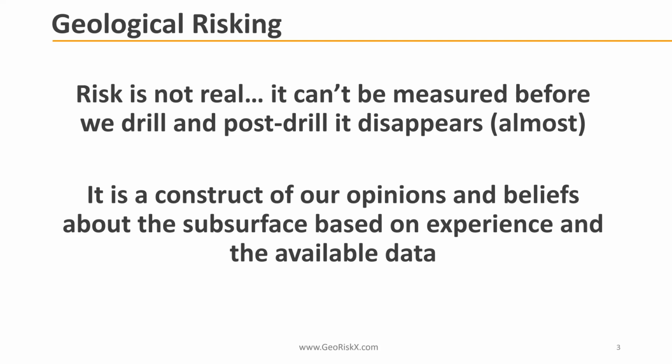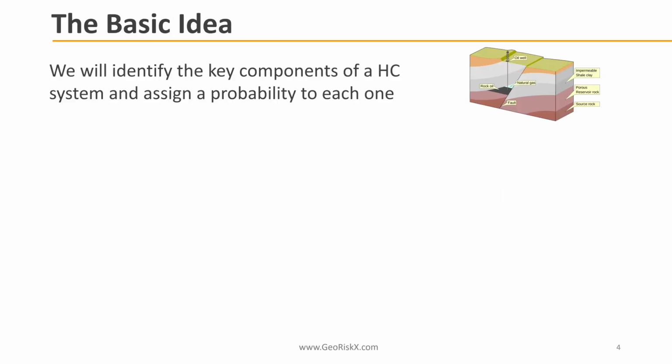Now, I think the best way to really lock in the understanding of what geological risking is, is to think about it in terms of the hydrocarbon system and a basic well that we may drill. So if we look at this block diagram here, we have this oil well that we would like to drill.